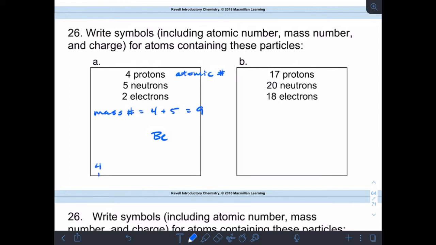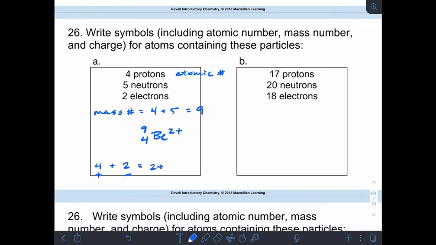So if I have 4 pluses and 2 minuses, so 4 protons, the protons are positively charged. 2 electrons, the electrons are negatively charged. That means I have a positive 2 plus. Okay, so our final symbolization, the mass number goes above, the atomic number goes below, so I'll have 9 above, 4 below, and then it has an overall charge of 2 plus.